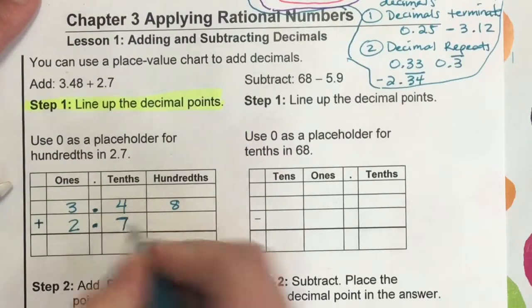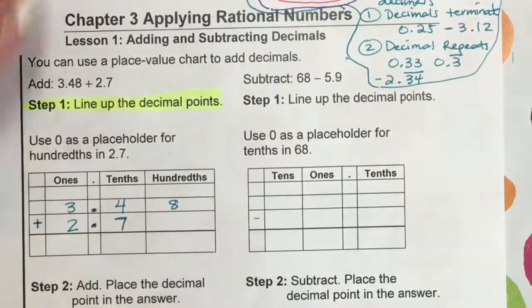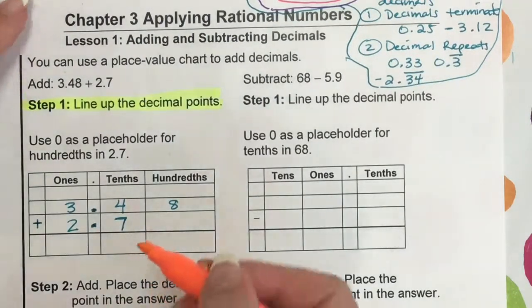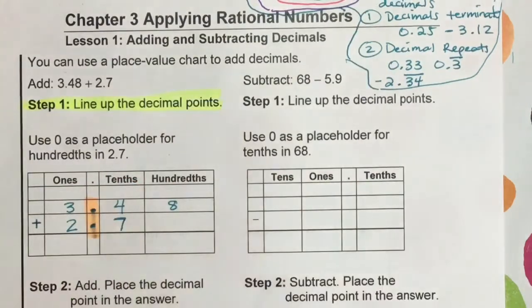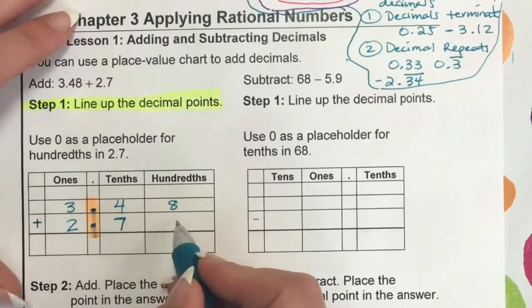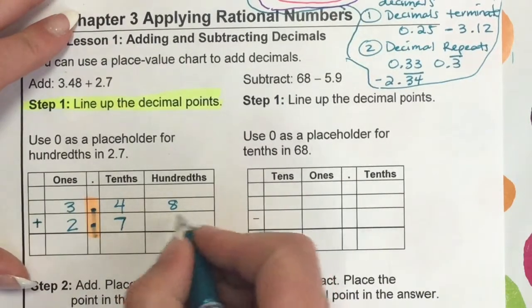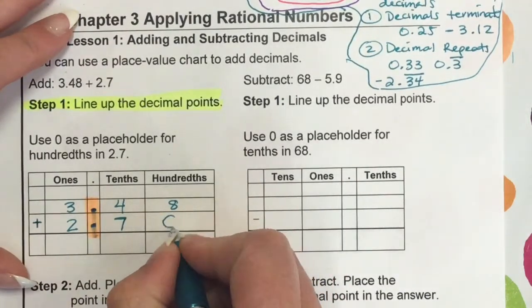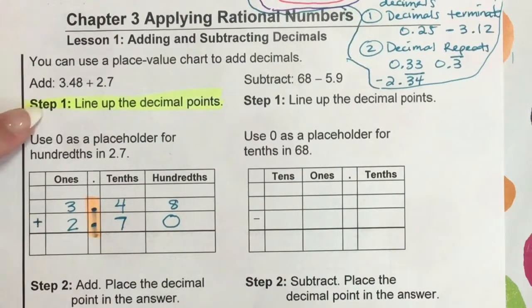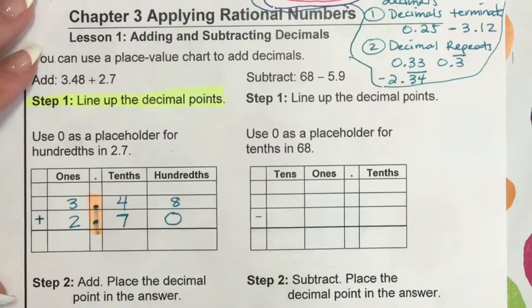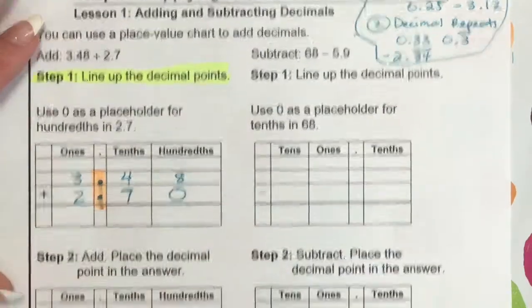Okay, so there we go. That's how you line up the decimals. It's really important when you're adding and subtracting that the decimals line up like that. Now what you can see is there's nothing in this place here, so you just add a 0. Okay, so that's the first step to adding and subtracting decimals, just number 1, line them up.